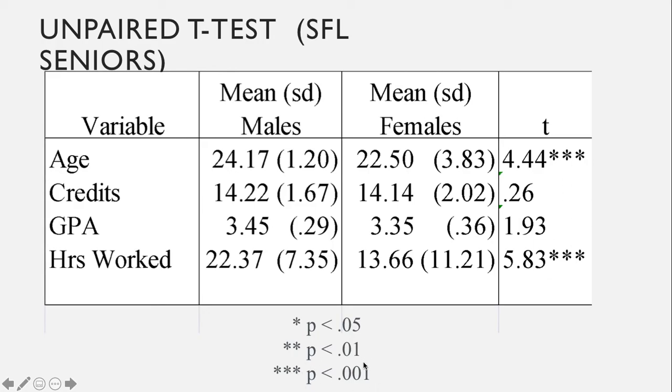So hours worked and age were statistically different from each other in their means, and the p-value is less than 0.001.